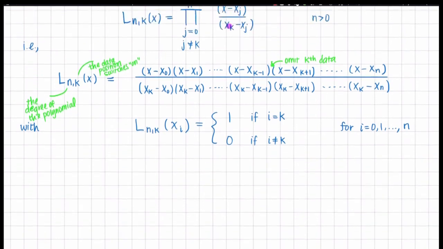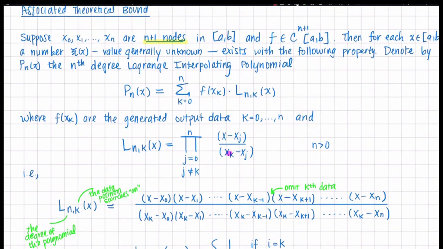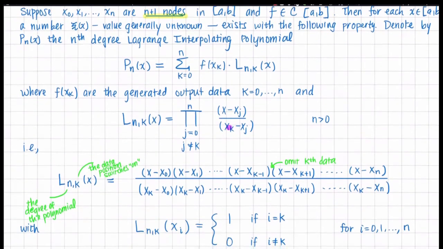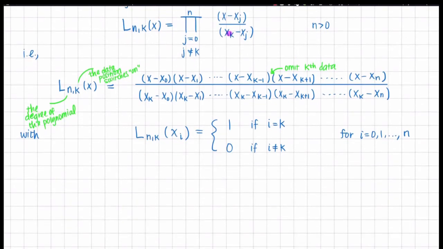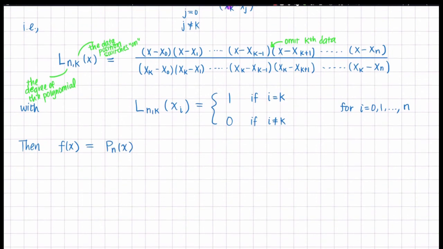With all of that in place, you have the Lagrange interpolating polynomial made with those switch polynomials defined this way. Then the function that you are in search of approximating is precisely the Lagrange interpolating polynomial plus an error term, the part that you remove from your approximation when using Pn of x to approximate f of x.